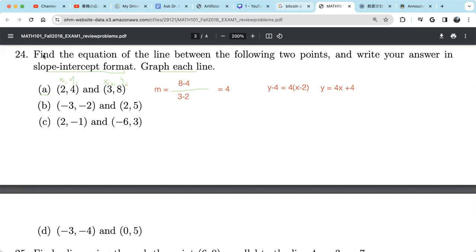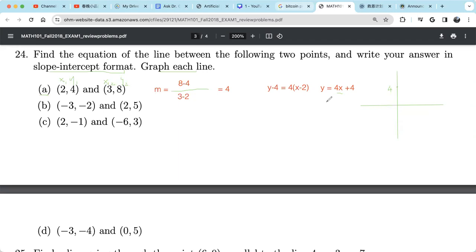Then how do we graph this? We need the intercepts. We just need to graph the x-intercept and y-intercept. Let's pick some values for x. If x is 0, 4 times 0 is 0, so y equals 4. So this point is 4. I have this point on my graph. Then if y is 0, 4x plus 4 equals 0, so 4x equals -4.